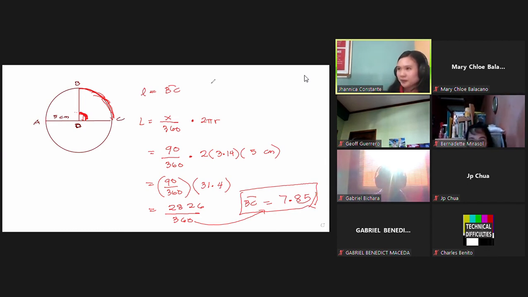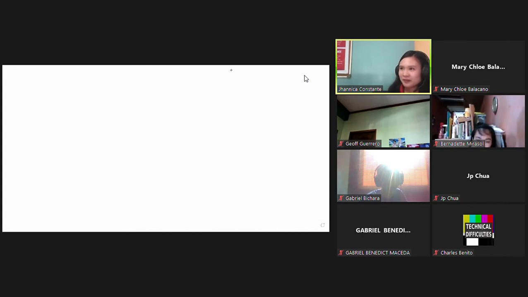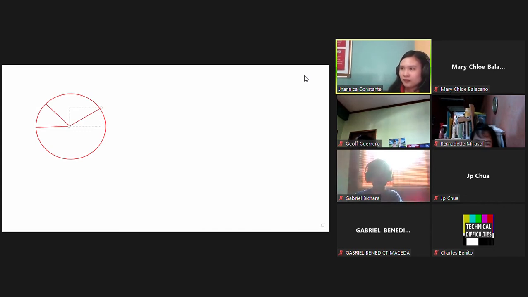So for example, this one, we have a radius which is 7 centimeters and a central angle which is 53 degrees, and we have 10 degrees.